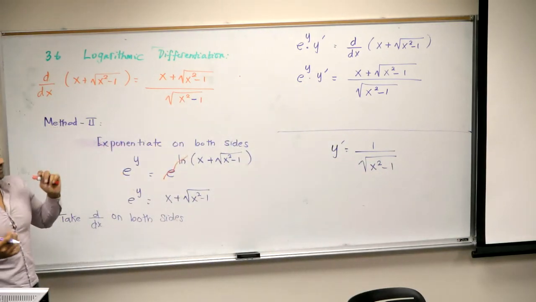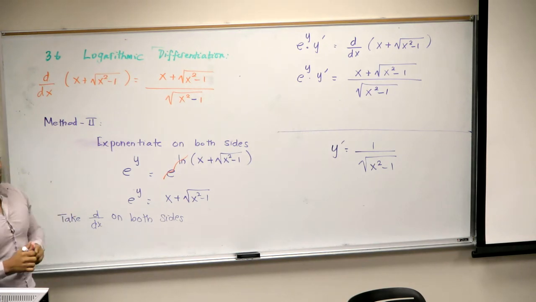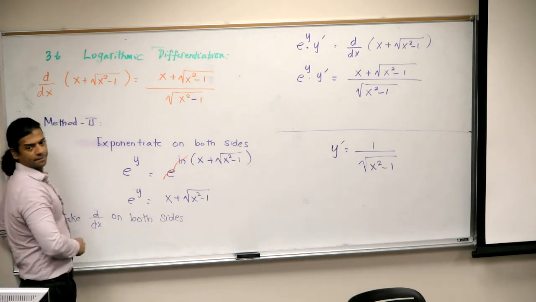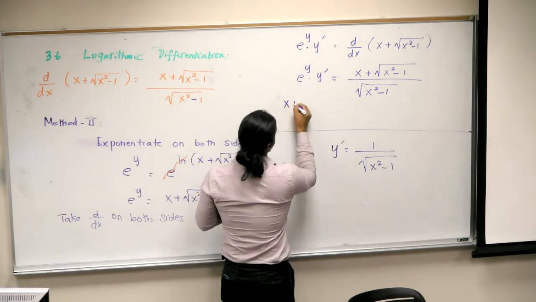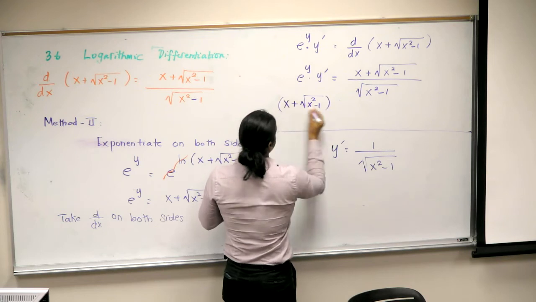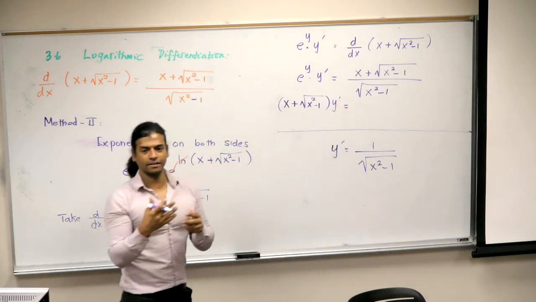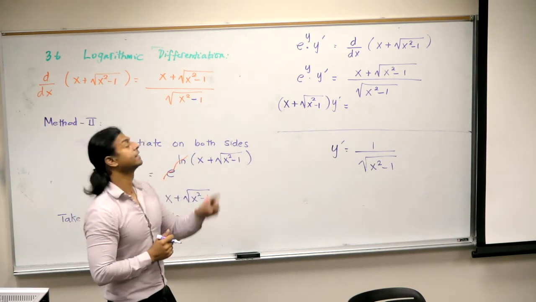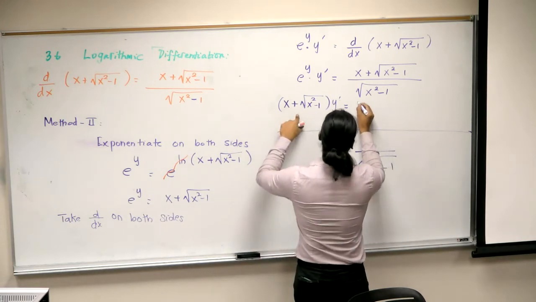Good. Now I can divide by e raised y or use the fact that e raised y is that term, right? This is one of those problems where once you find the derivative using implicit differentiation, you can revert it back to a function in terms of x.